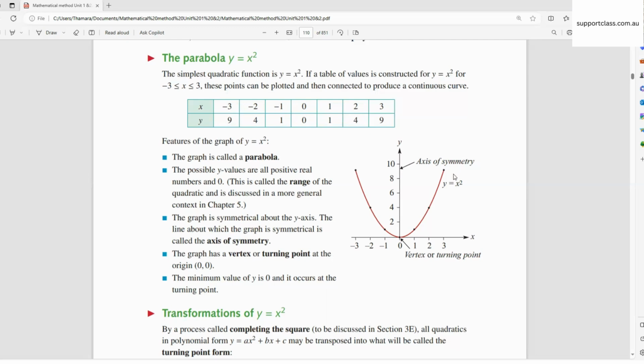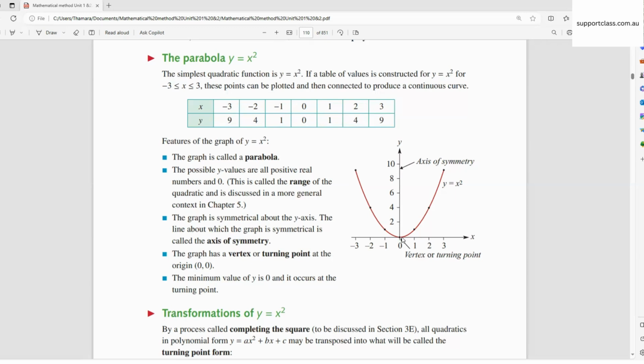In between, it comes to a certain value of x, which is x is 0.